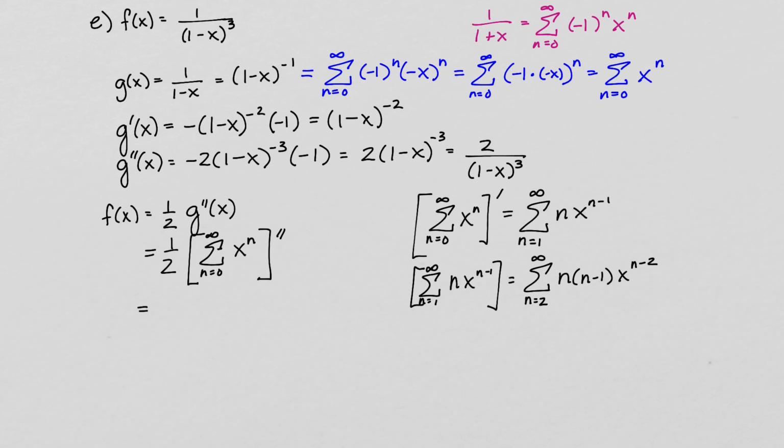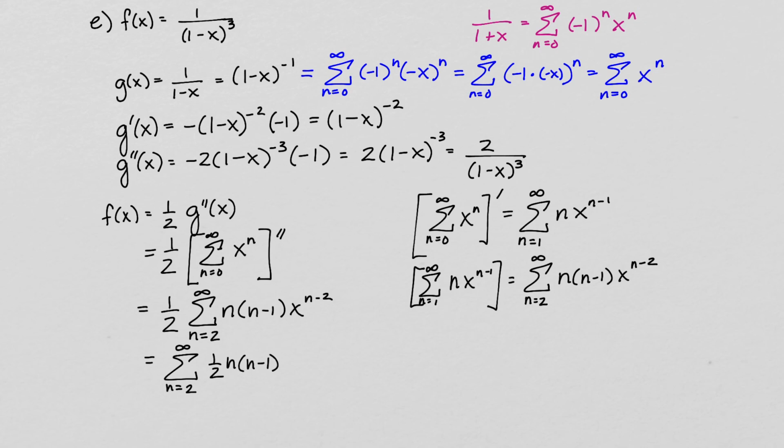So our answer here is going to be 1/2 the summation n equals 2 to infinity of n times n minus 1, x to the n minus 2. And then you could bring the 1/2 inside if you wanted. So the summation n equals 2 to infinity of 1/2 n times n minus 1, x to the n minus 2.